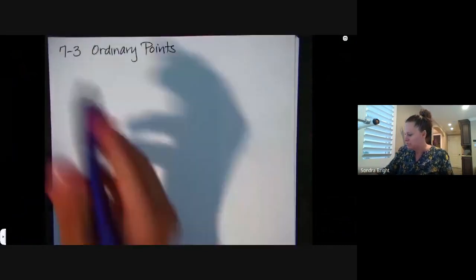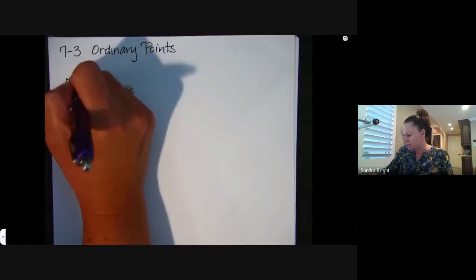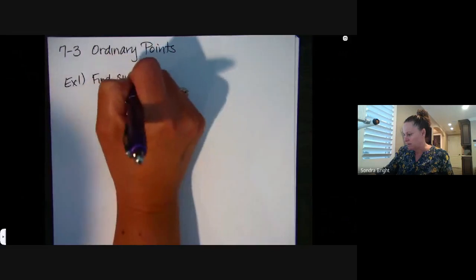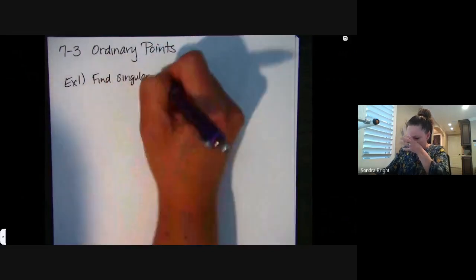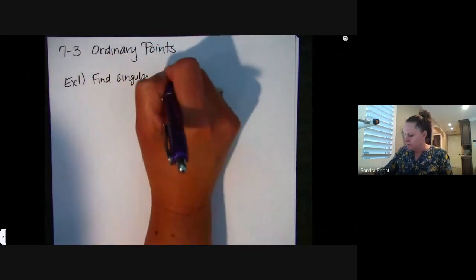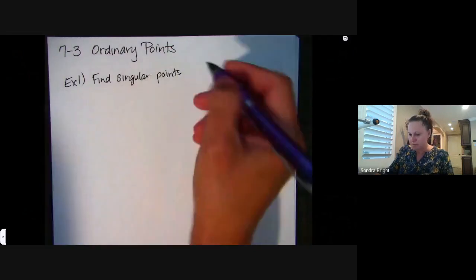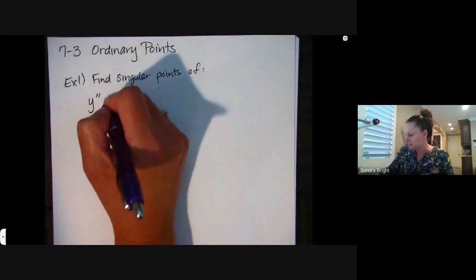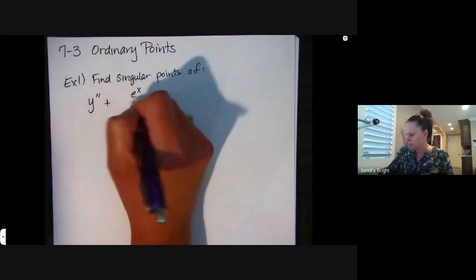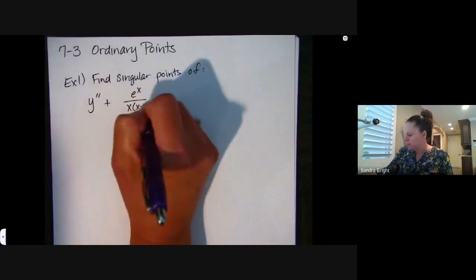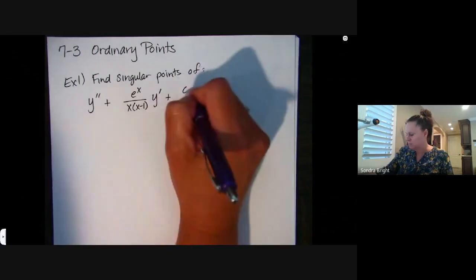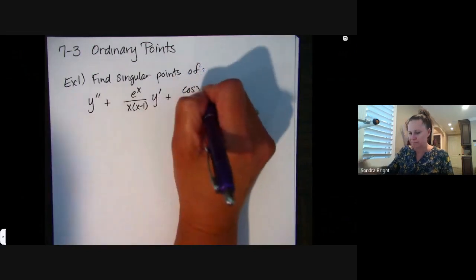Example 1, it says to find the singular points. And the singular points happen when your coefficients are divided by 0. y double prime plus e to the x over x times x minus 1 times y prime plus cosine of x over x plus 1 times y equals 0.